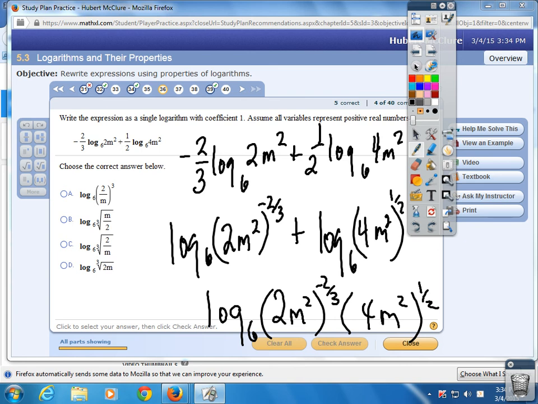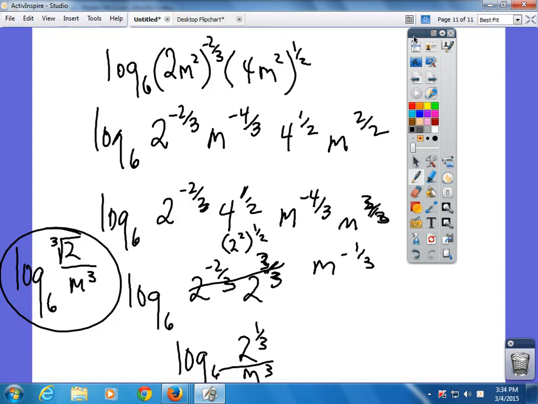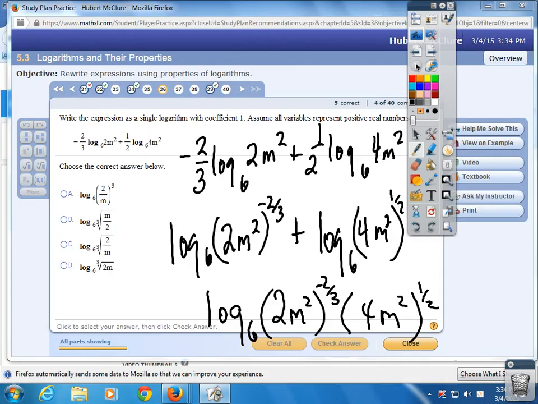Well, I don't see my answer. I've got the cube root of 2 over m to the 3rd, and I don't see the cube root of 2 over m to the 3rd. So I'm missing something, so I need to do it over. Where is the problem?